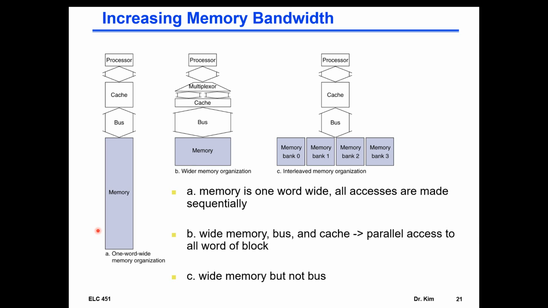Let's say that we have this type of organization, and we have the processor here, and we have a bus to interface with the cache. So this is going to be, let's say, 1 word wide. We can deliver 1 word to the processor.